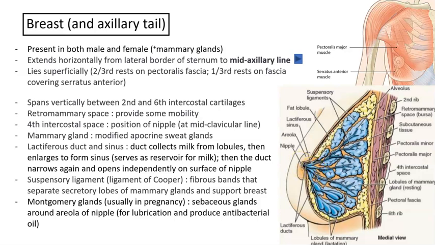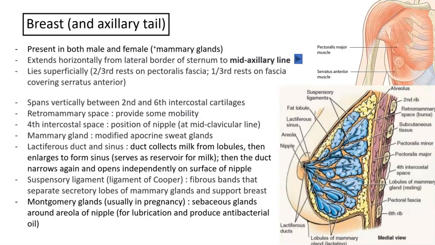As I mentioned before, the mid-clavicular line and the 4th intercostal space is where you can locate the nipple in nulliparous women and men. So this is important in your clinical examination later.